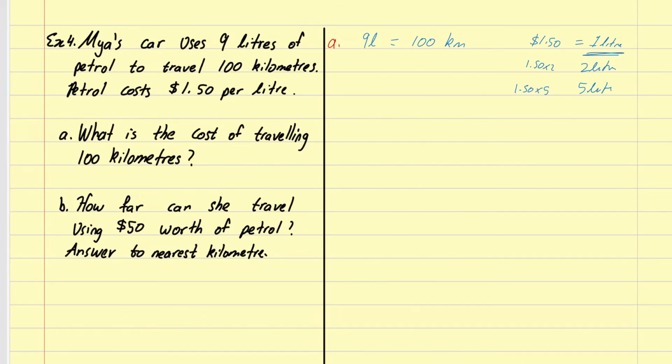Now the question wants us to travel 100 kilometers, and we know the car uses 9 liters for every 100 kilometers. So that means I need 9 liters. So what I'm going to do is $1.50 multiplied by 9, because I need 9 of those.